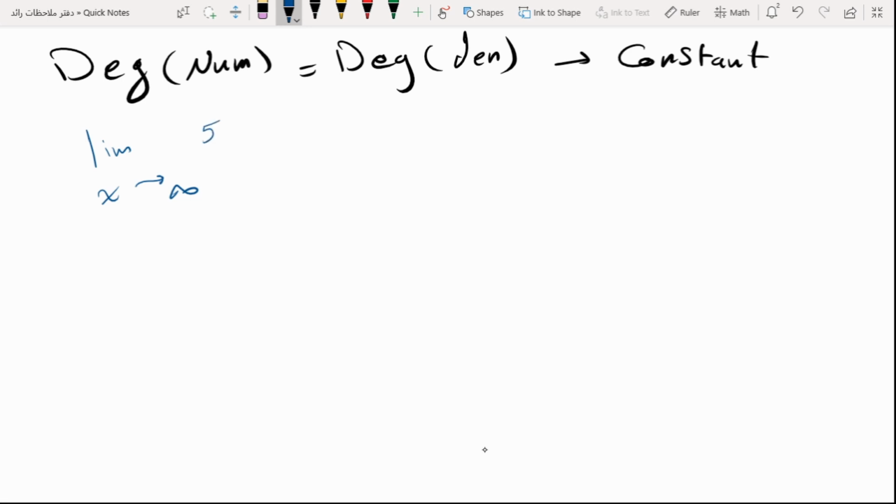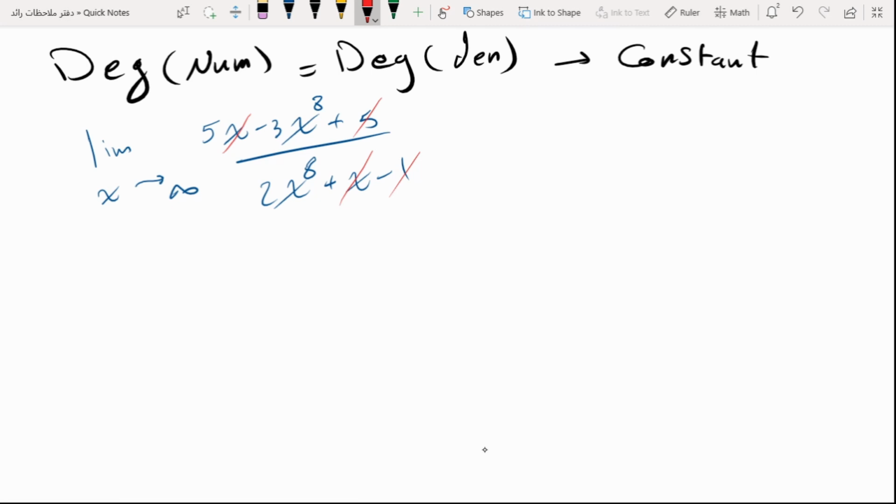5x minus 3x to the power of 8 plus 5 over 2x to the power of 8 plus x minus 1. As I said before, this will be 0 and this will be 0. Why 0?